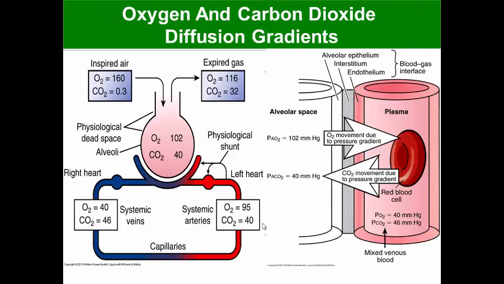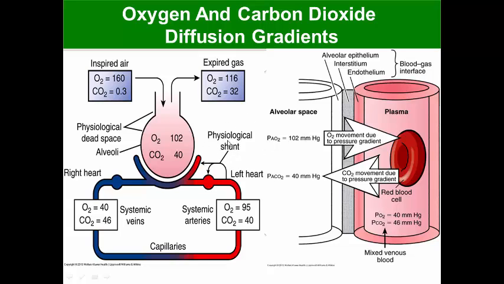So this figure summarizes what we have just mentioned. So oxygen moves due to pressure gradient from the alveolar air to the blood in the pulmonary capillaries, and carbon dioxide moves in the opposite direction because of the pressure gradient. And remember, here we have two shunts.